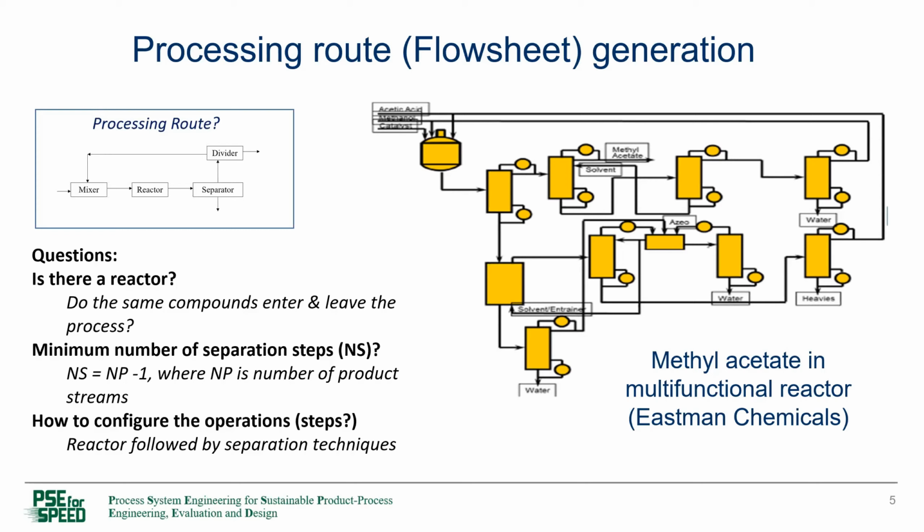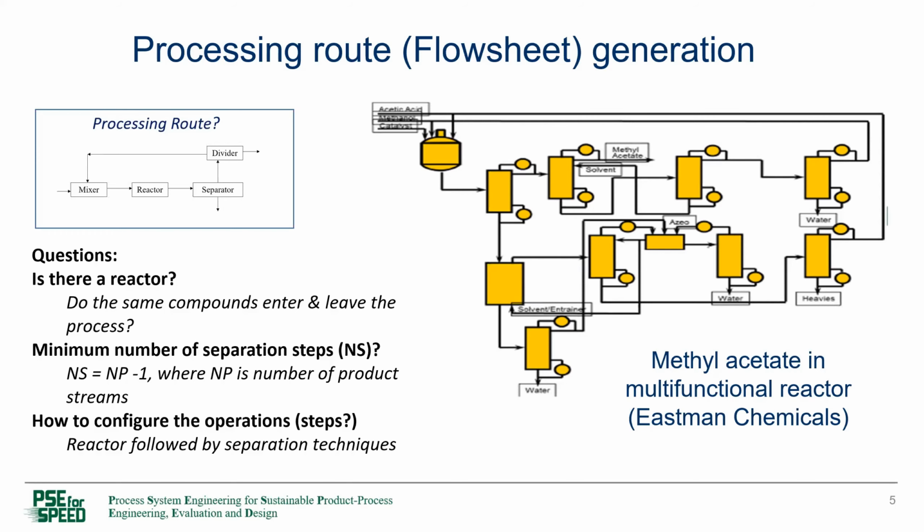Because if the same compounds come in and go out, then there is no reactor, like separation of crude oil into different products. And when the same compounds do not come in and go out, a new compound is added in the product stream, then there is a reactor and we need to give the reaction information.